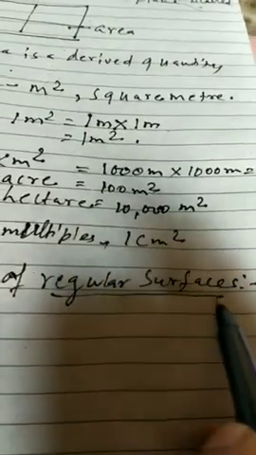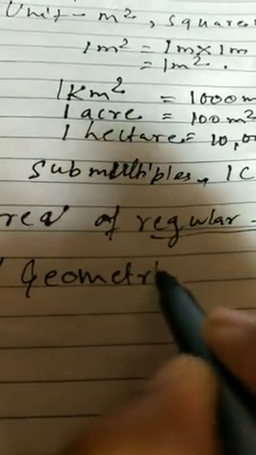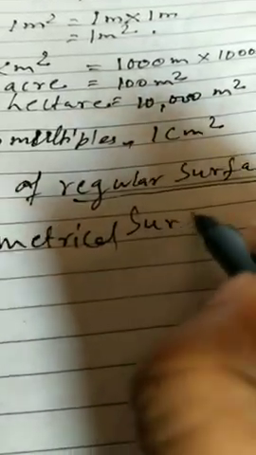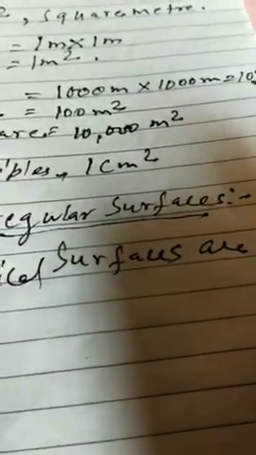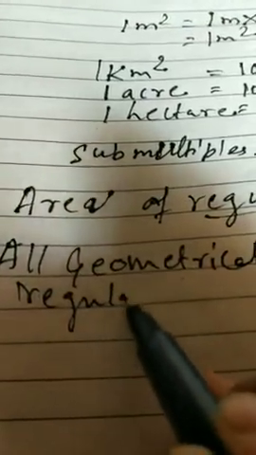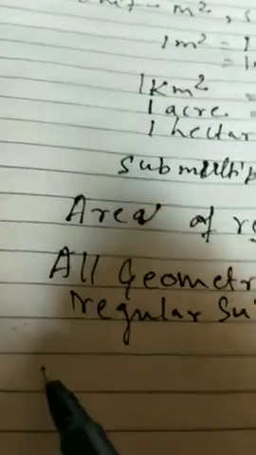You have learnt in maths about the different formulas we use to find areas. What do you mean by regular surfaces? All geometrical surfaces, like square and rectangle, are called regular surfaces. Understood? There are two methods to find the area.